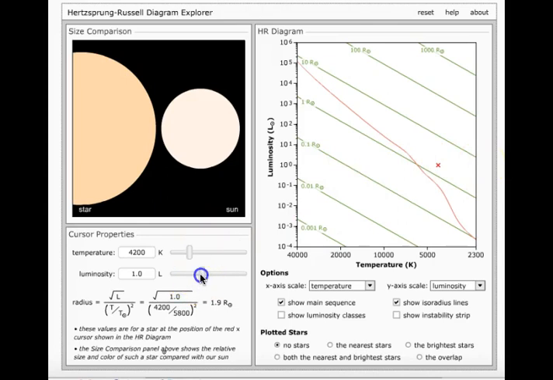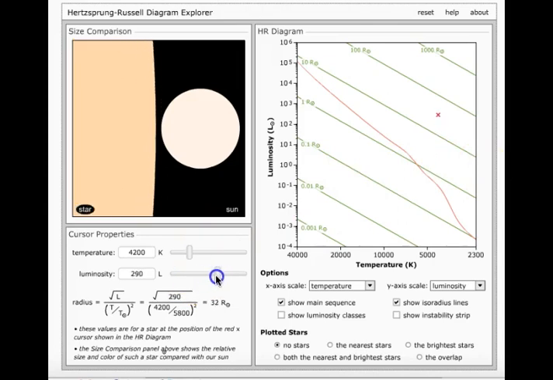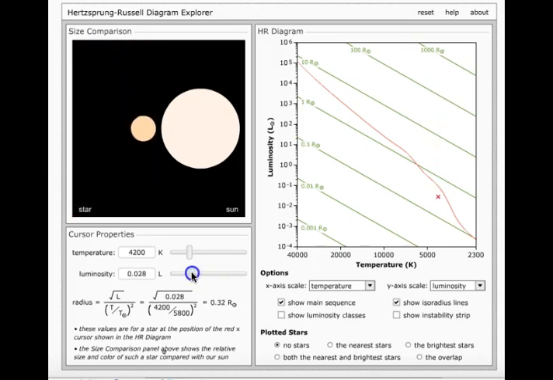If you were to increase the luminosity of this object, it moves towards the top of the plot. And if you were to decrease the luminosity, it moves towards the bottom of the plot, recalculating the radius each time.